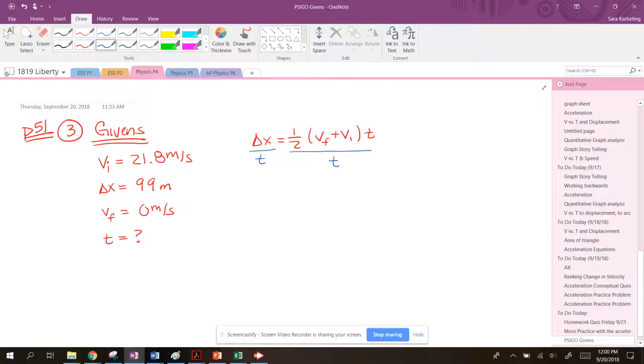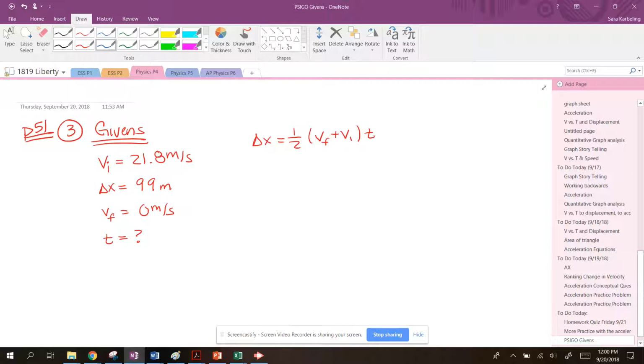Do we want our unknown to be in the denominator? No, that's kind of counterproductive. That's a good idea because we often do that, don't we? But in this case, because t is already in the numerator, I'm just going to leave t alone and get everything else out of the way so that t hangs out over here on the right-hand side by itself. Everything else is going to move to the other side. Does that seem reasonable?